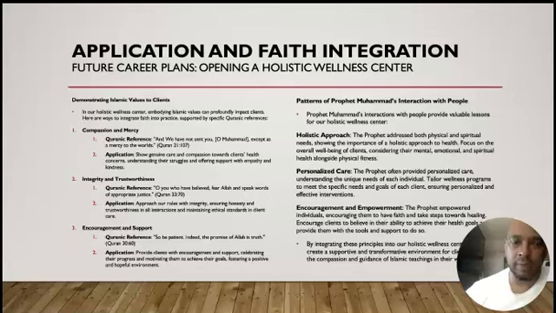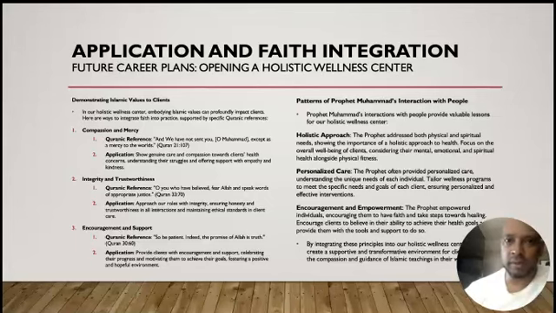Islamically, the Prophet Muhammad's interactions with people provided valuable lessons for the future of our holistic wellness center. The Prophet addressed both physical and spiritual needs, showing the importance of a holistic approach to health by focusing on the overall well-being of clients, considering the mental, emotional, and spiritual health alongside physical fitness.